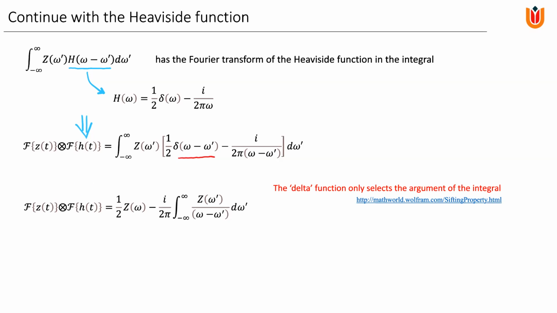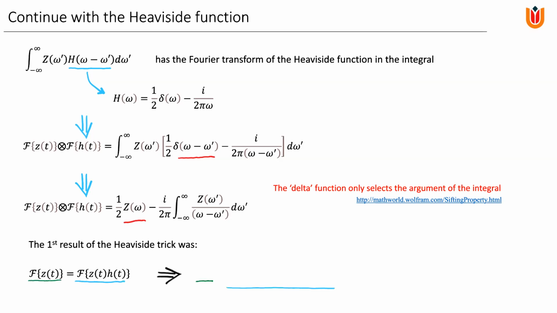And now we're almost there, because the Fourier transform of z of t was equal to the Fourier transform of z of t multiplied with the Heaviside function. Now with this manipulation in place, on the left hand side we have z of omega. On the right hand side, we have half z of omega minus some leftover integral.